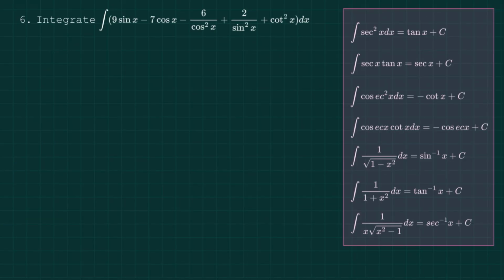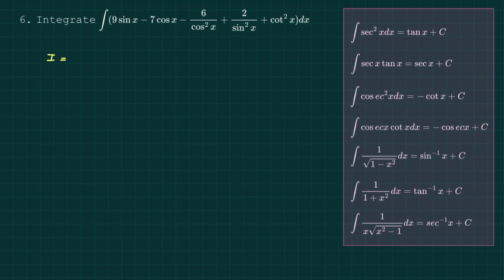Question 6. Integrate 9 sin x minus 7 cos x minus 6 over cos square x plus 2 over sin square x plus cot square x dx. So first, let us separate the integrals.